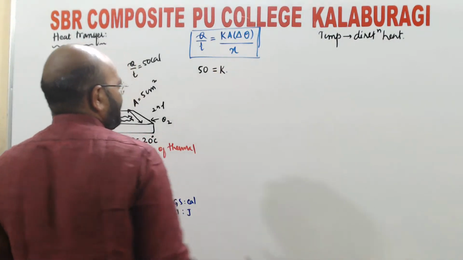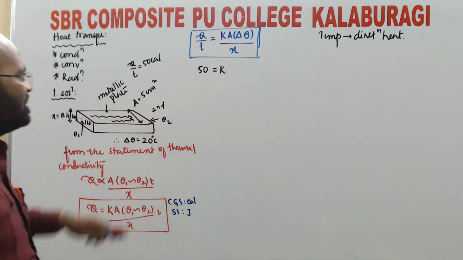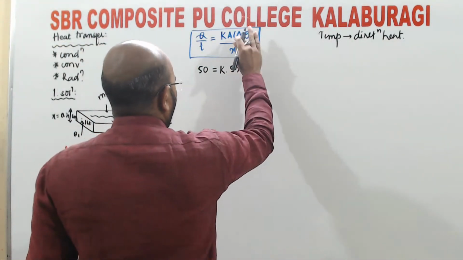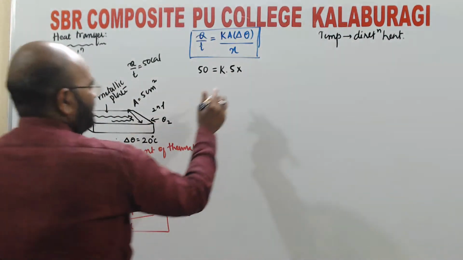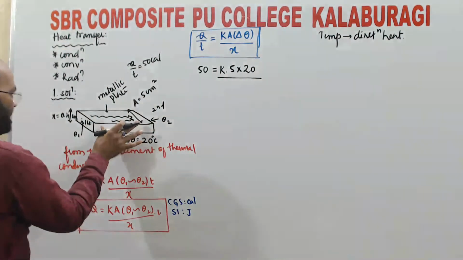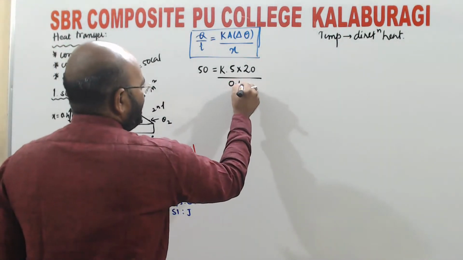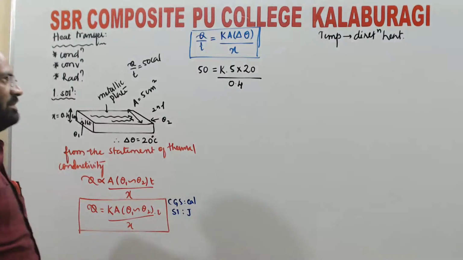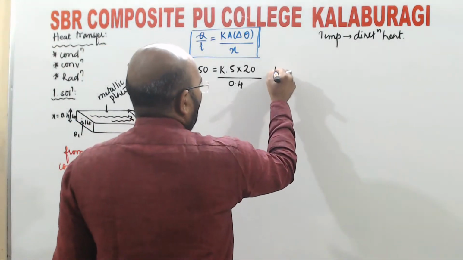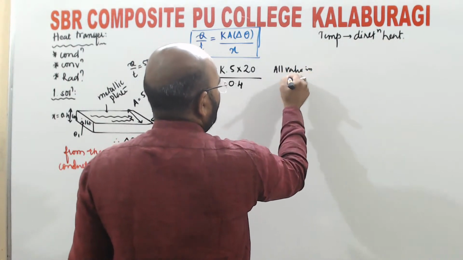Keep it as it is. Then the cross-section area is 5 centimeter square, into temperature 20. Then the separation distance, that is the thickness, is 0.4 centimeter. All values are given in CGS, so don't worry about that.